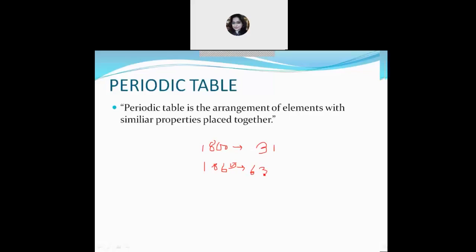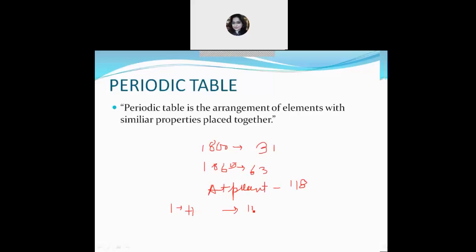And at present, we have 118 elements known so far. Since 2016, the periodic table has confirmed elements from element number 1, that is hydrogen, to 118.